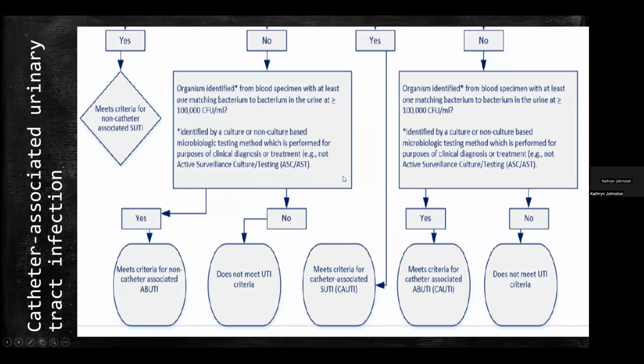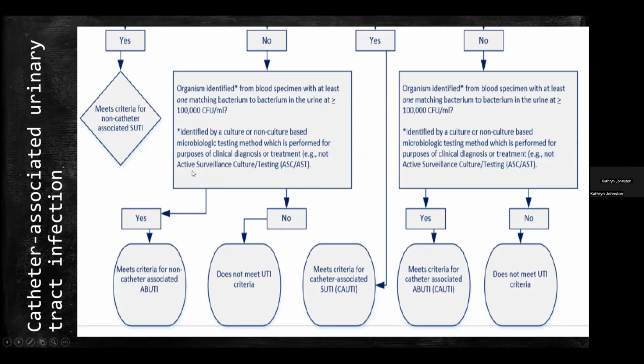One of the important notes with this surveillance component, though, is that the tests, the urine cultures, have to be taken for the purposes of clinical diagnosis or treatment. They can't be screening cultures.